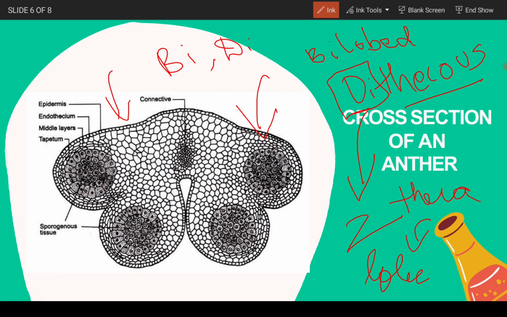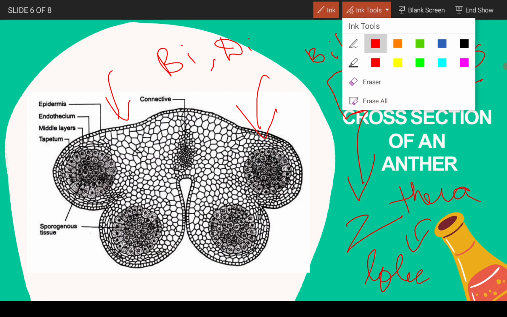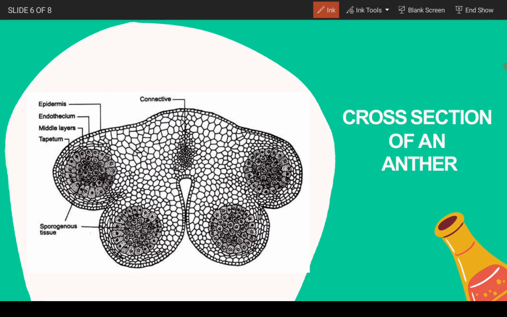Clear on this? Dithecus, di means two, theca means lobe. So we are crystal clear that the Anther is bilobed and dithecus. It is referred to as bilobed because it has two lobes. Theca means lobes, and dithecus is sorted for us. Now we are sorted on the two terms we use for an Anther, bilobed and dithecus.